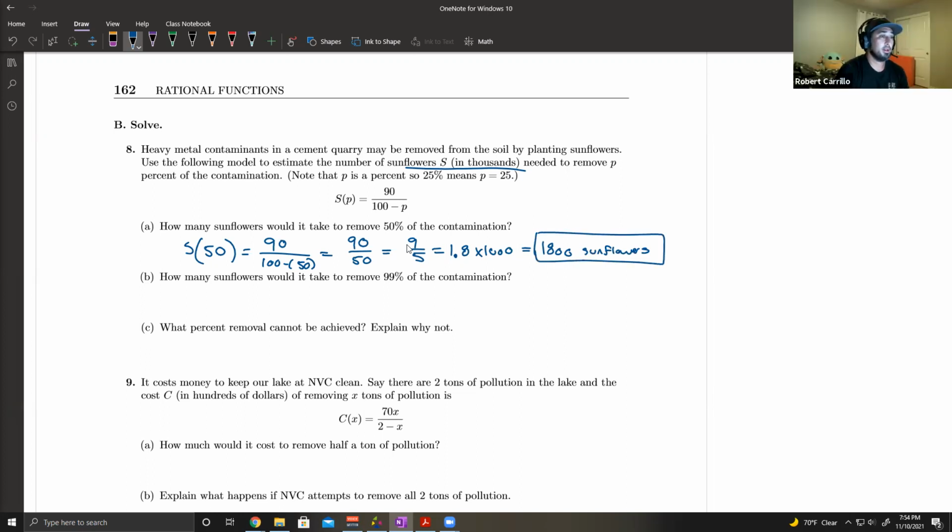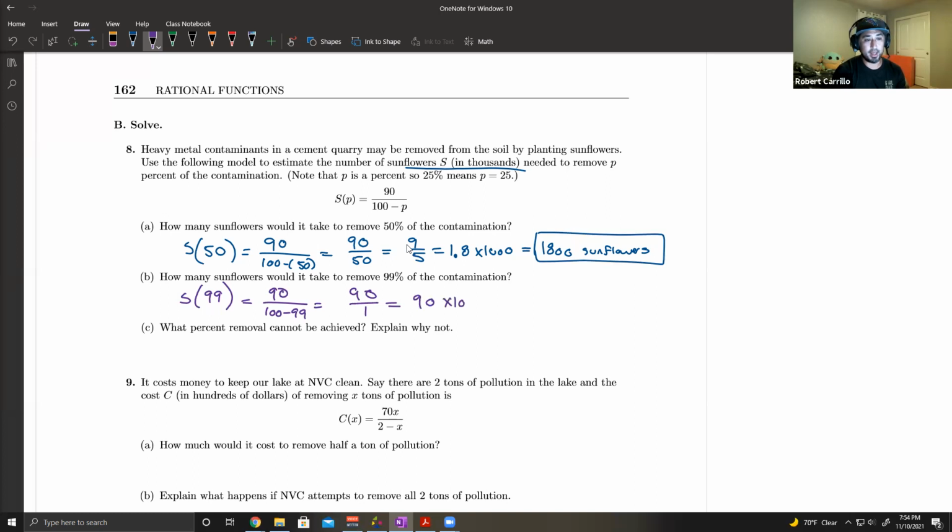Then how many sunflowers would it take to remove 99%? We are going to plug in 99. You would have 90 over 100 minus 99, and that would give you 90 over 1. So that would give us 90.